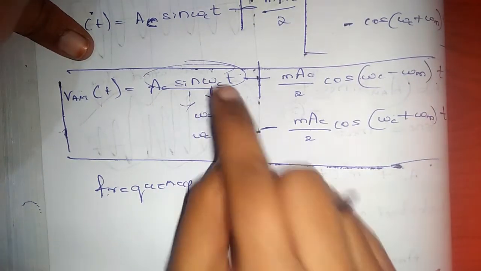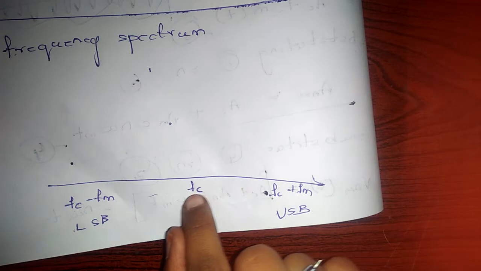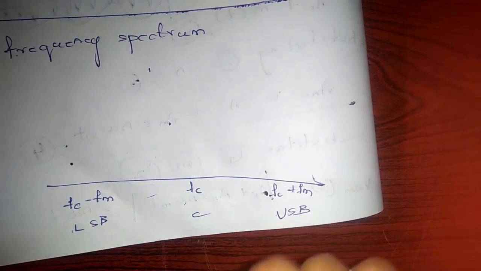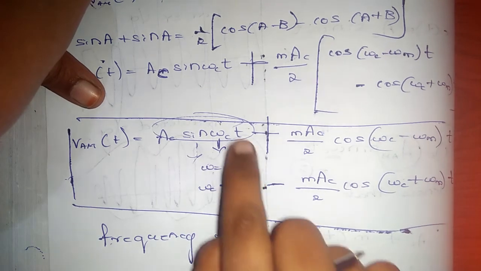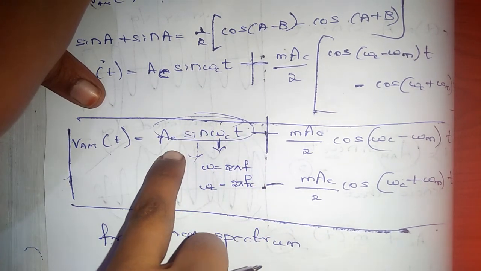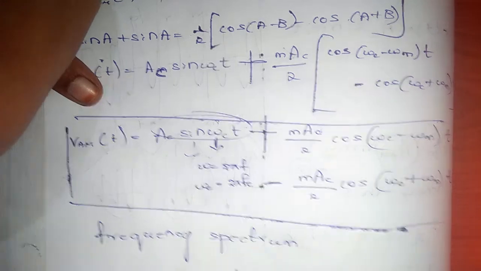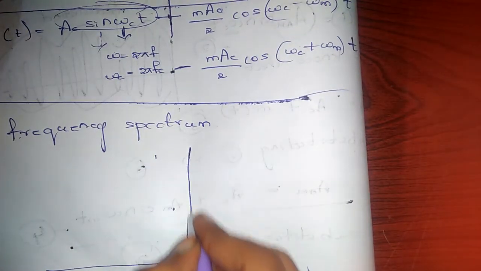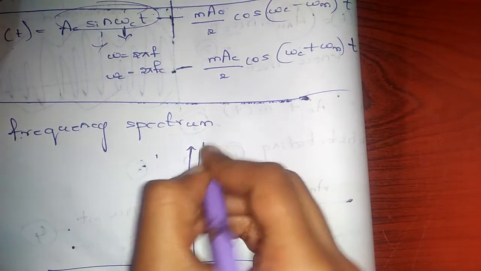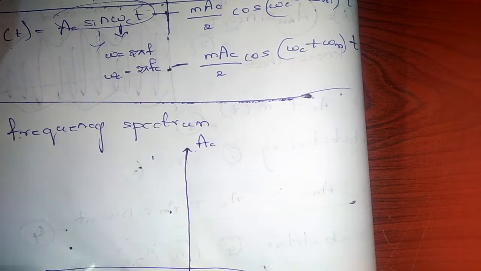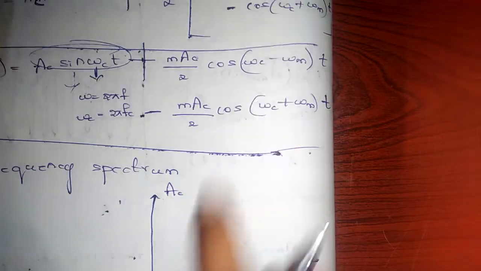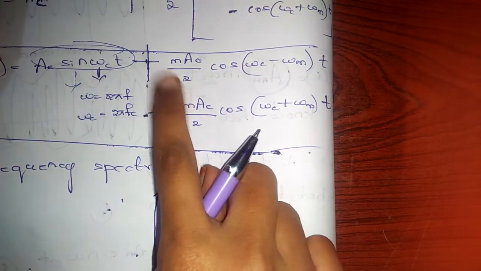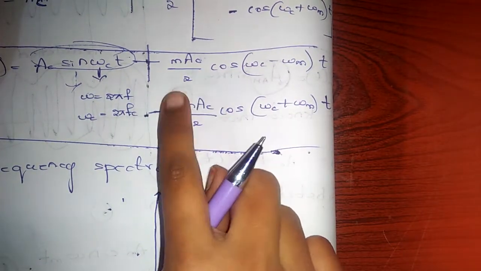Now here in the equation, what is the amplitude for fc? The amplitude is AC, right? Now for FC minus FM, the amplitude is MAC by 2.